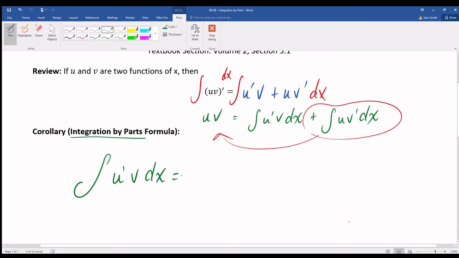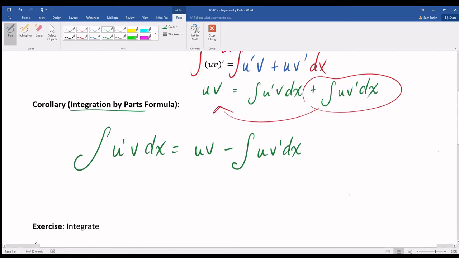If you can roll backward and find the antiderivative of u prime, called u, and if you find the derivative of v, then you can fill in all the blanks in the expression on the right, and maybe it will be easier to calculate the value of the expression on the right than it was to calculate the value of the expression on the left.